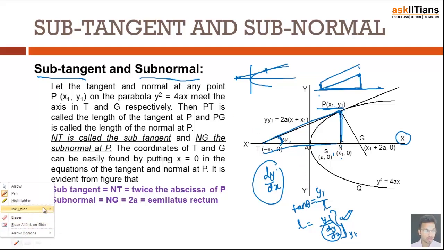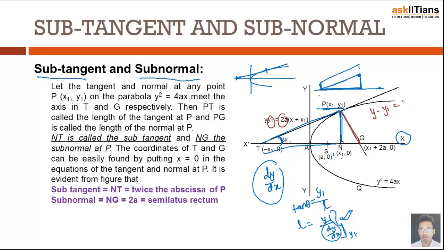Coming to the normal, this is the normal now. The equation of the normal will be y minus y1, and the slope will be minus 1 by the reciprocal of this, that is minus y1 by 2a, into x minus x1.